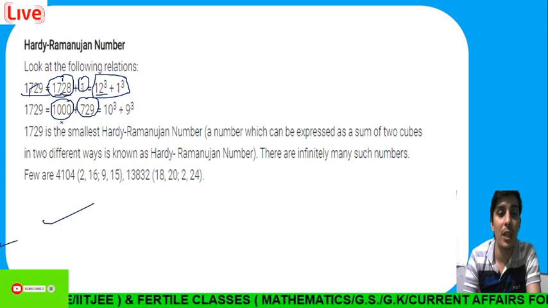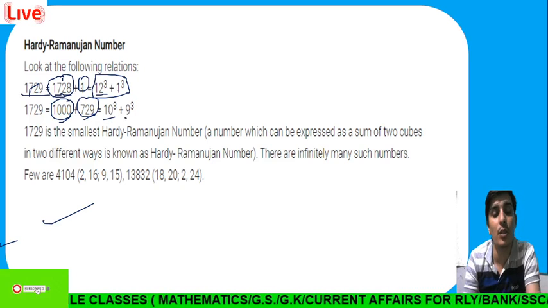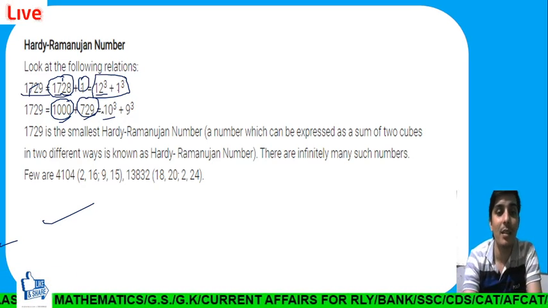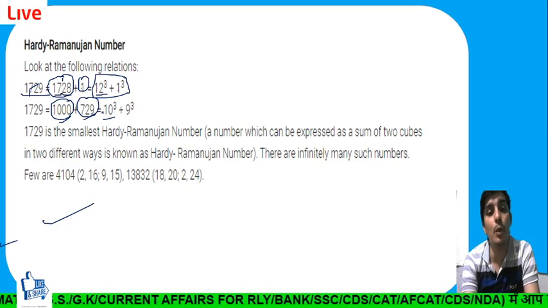Another way, we can write 1000 plus 729, that is 10 raised to the power 3 plus 9 raised to the power 3. So we can say that 1729 is the smallest Hardy Ramanujan number.